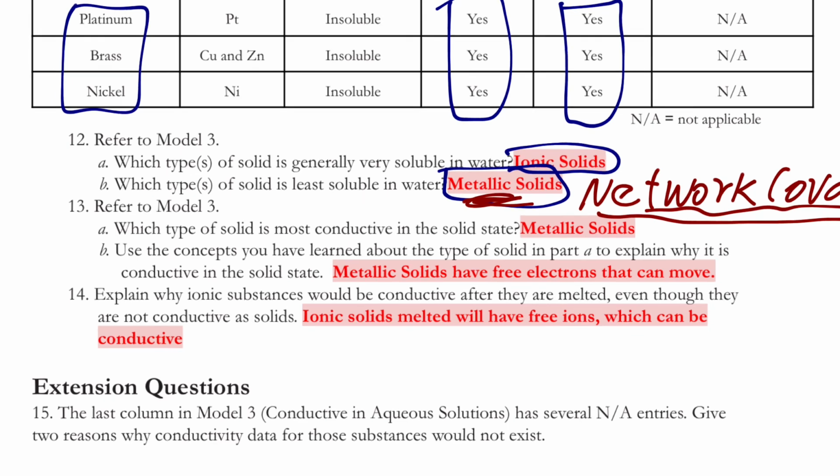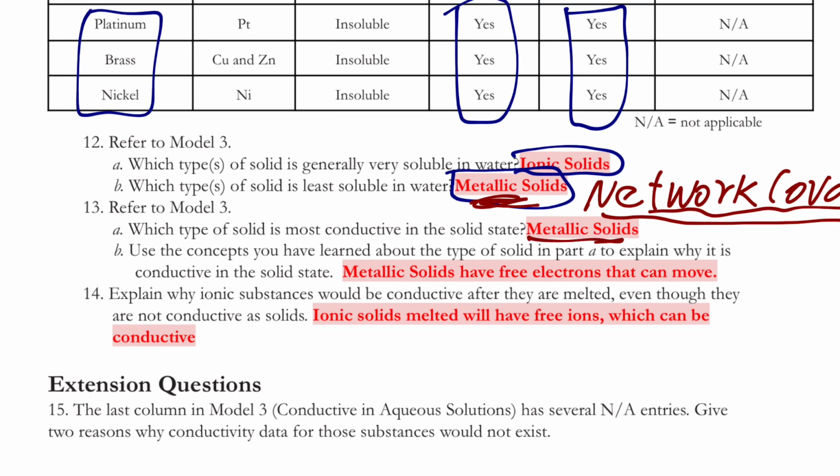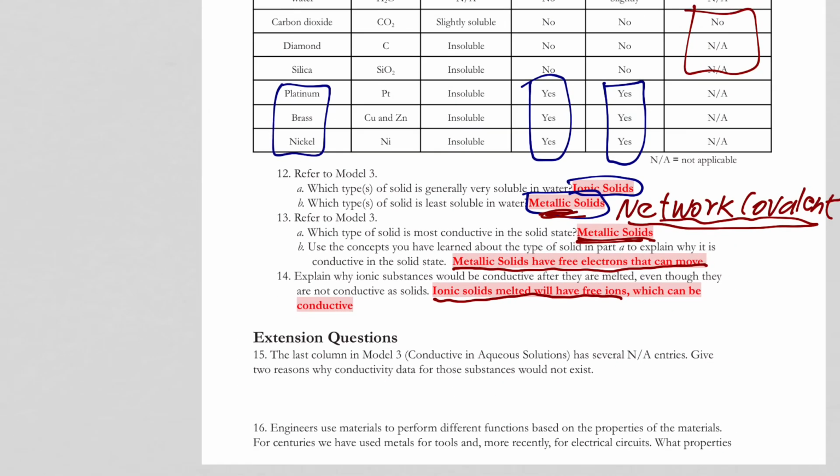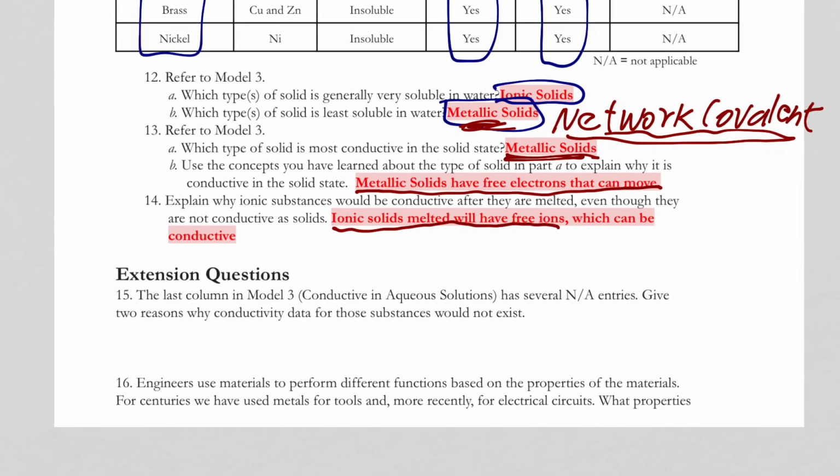So which one is the most conductive in solid state? That is going to be only the metal ones, because metals have free electrons that can freely move about. Whereas ionic ones, once they are melted, will form free ions, and that is where they can also conduct electricity throughout. All right.